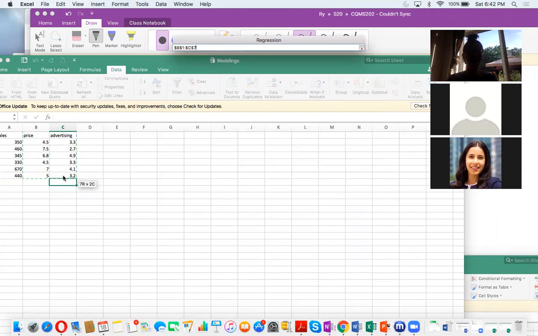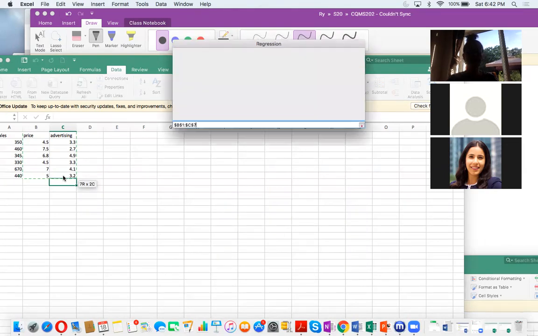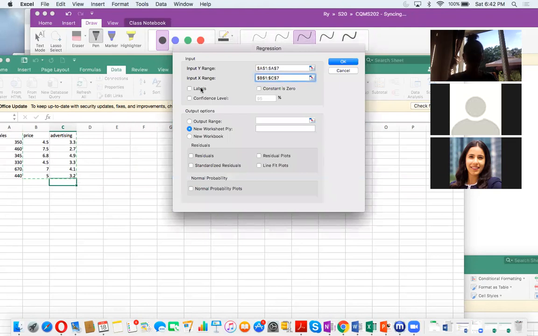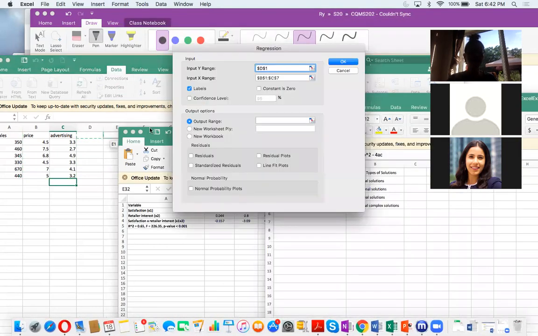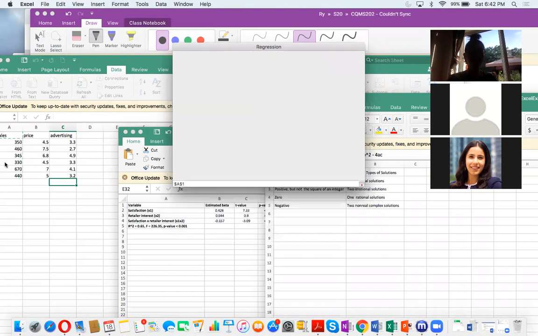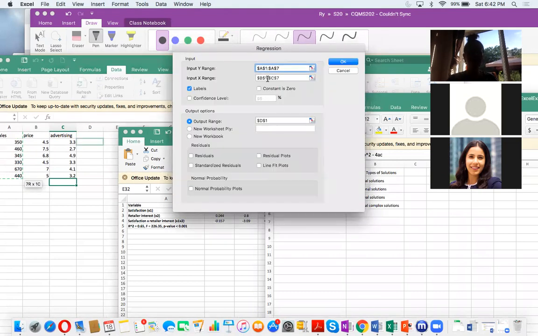One is price, the other is advertising. So you select both price and advertising together. As you can see, I include the labels. I'm going to put the output right here in Excel cell D1. I have to retype the Y range. Now I click the OK button.